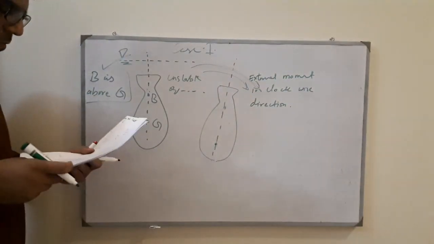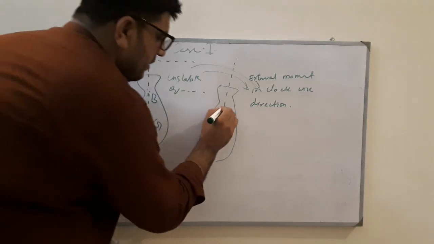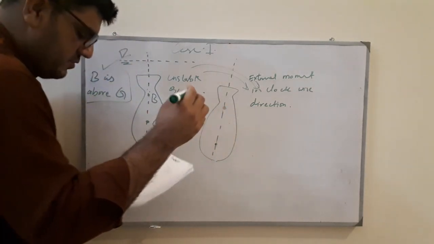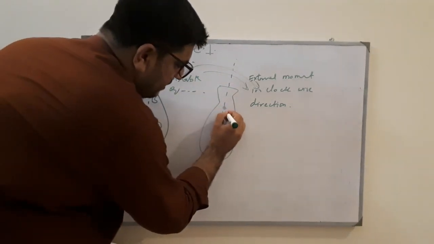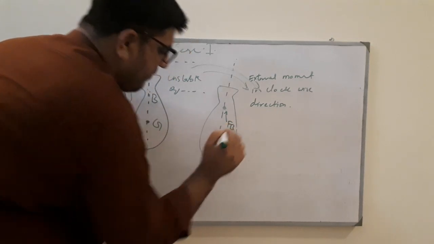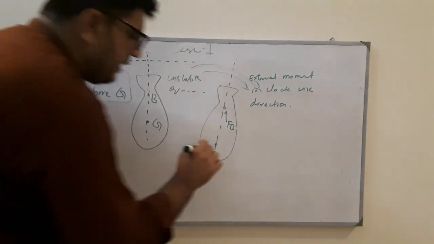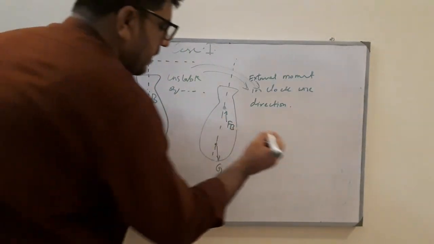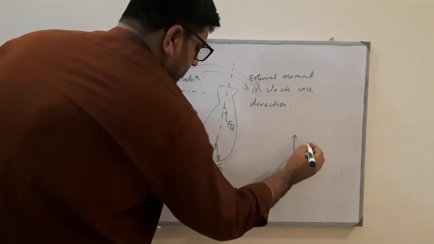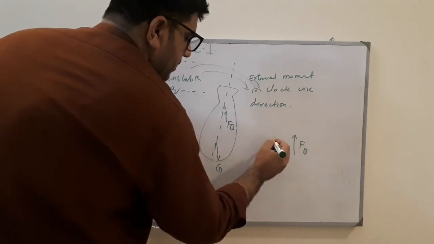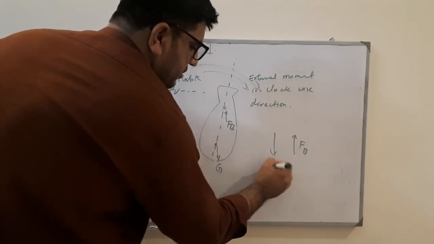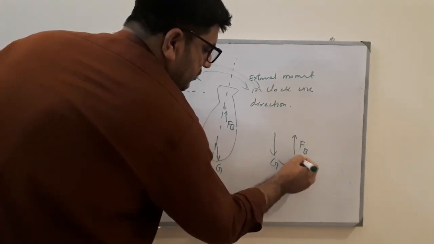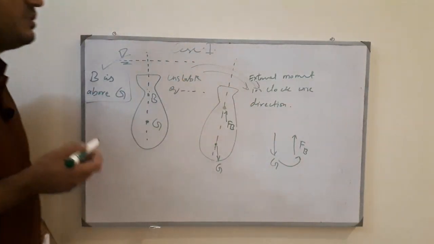What will happen now? This is my point of buoyant force. The buoyant force always acts in the upward direction and the weight always acts in the downward direction. Now the couple will be, this is your buoyant force and this is your G force. They will try to revolve in the opposite direction.